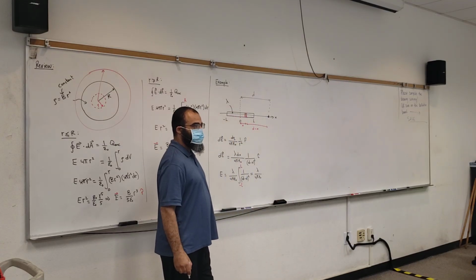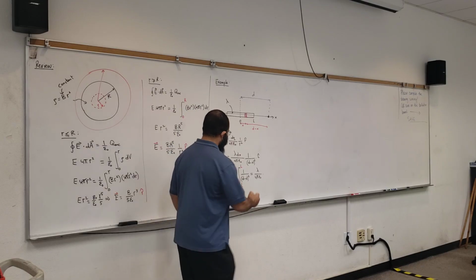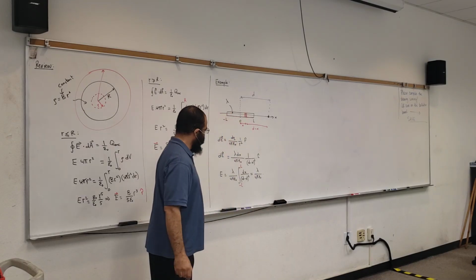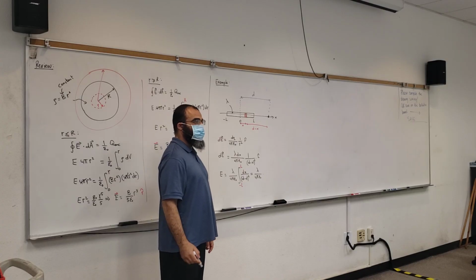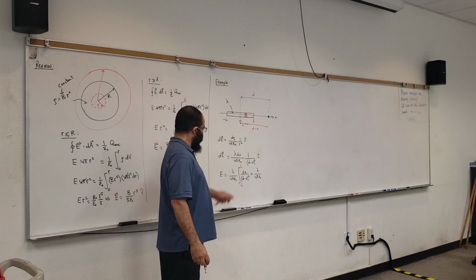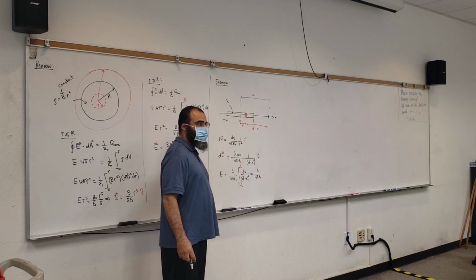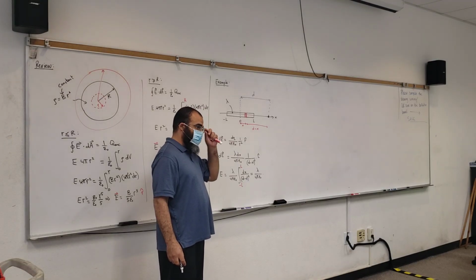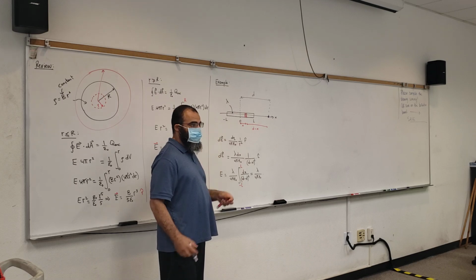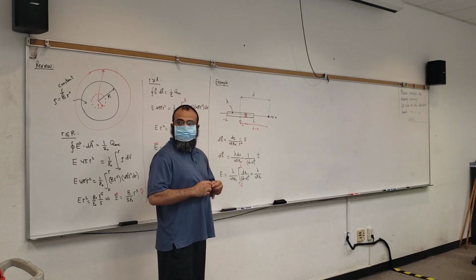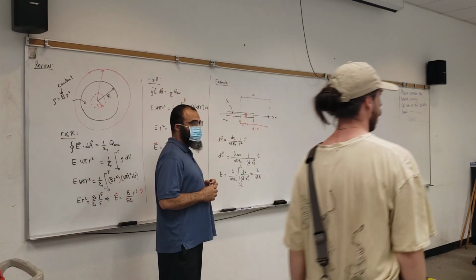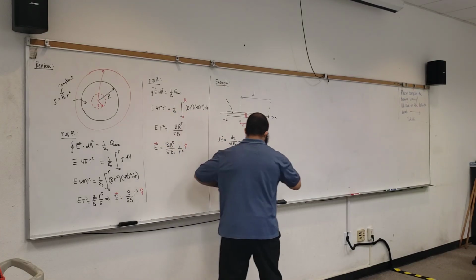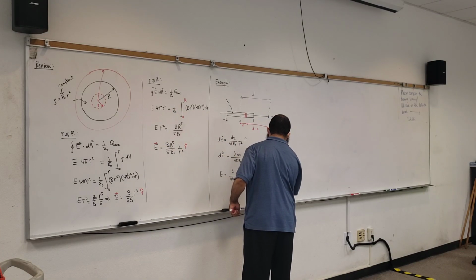Lambda over 4 pi epsilon naught times, what's this integral with respect to x? I forgot the dx, sorry. So now what's this integral? It's 1 over d minus x.